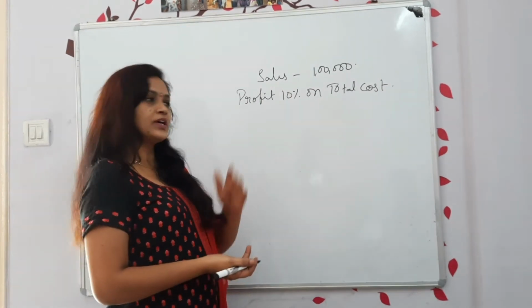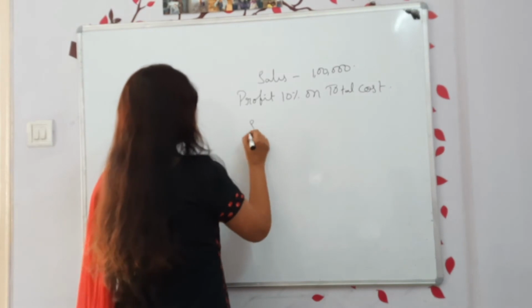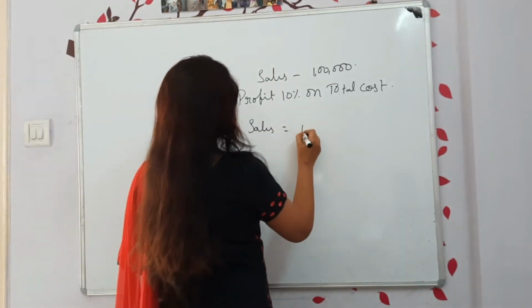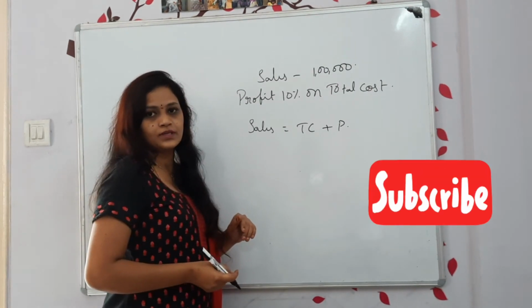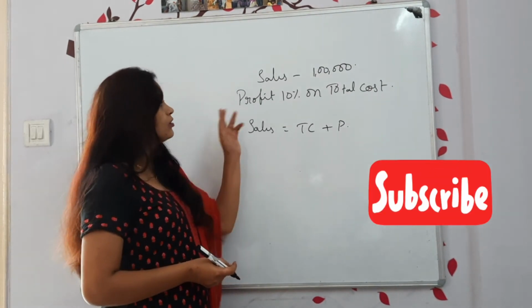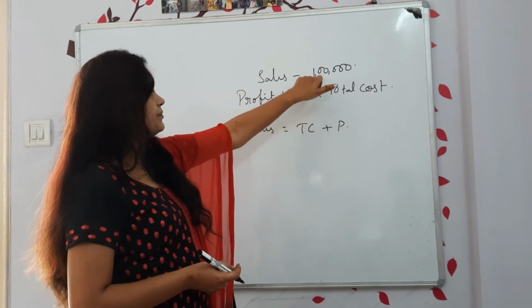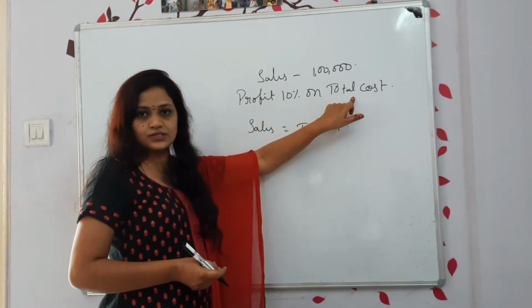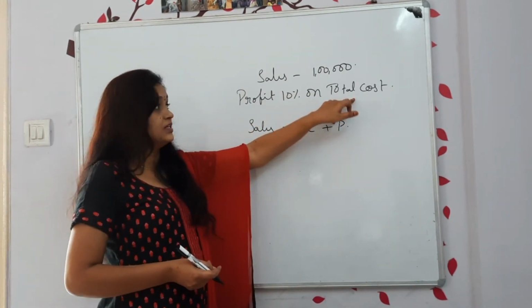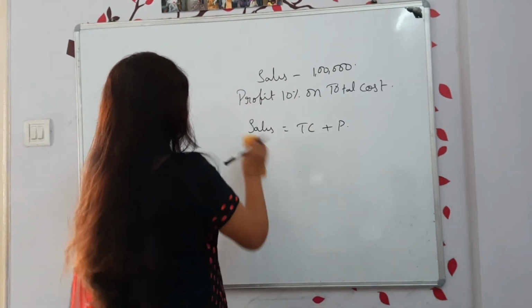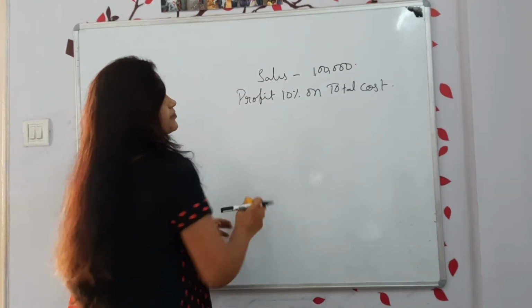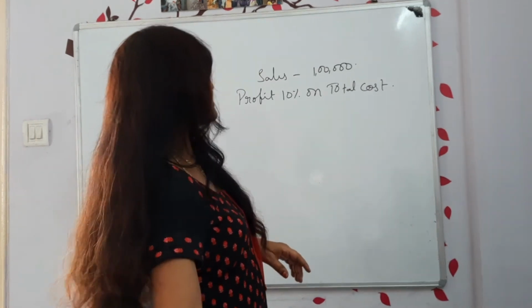Now how to find out? Shall we try with the same method? Sales is equal to total cost plus profit, isn't it? But now sales is there, total cost is not there. So how do you find out the percentage?